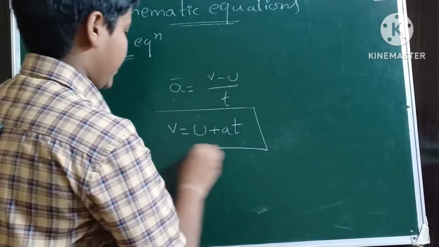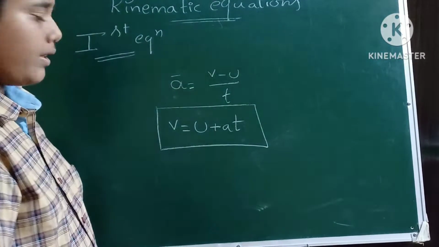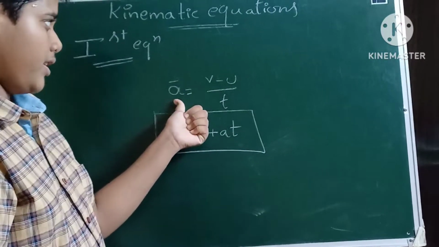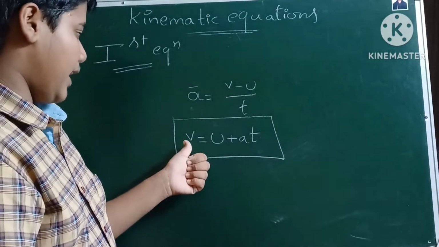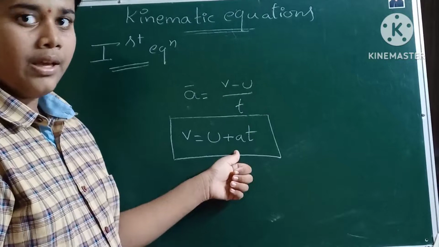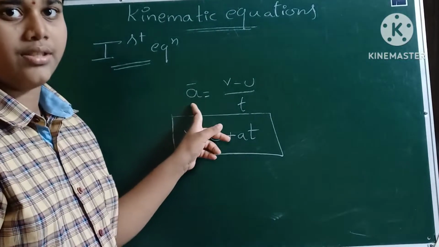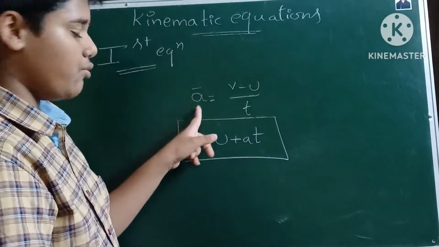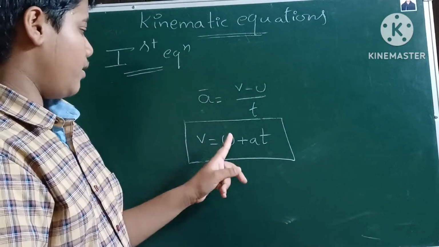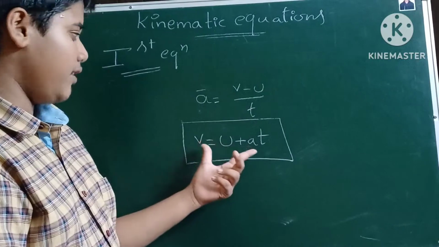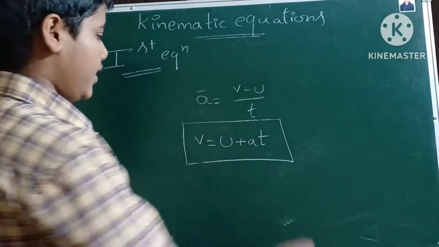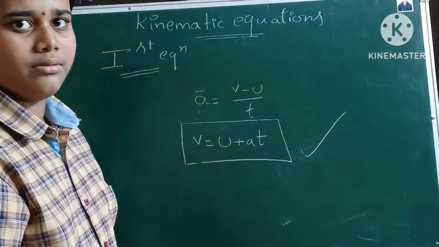So this is the first equation. When they give acceleration, initial velocity and time, we can calculate final velocity when they mention uniform acceleration.